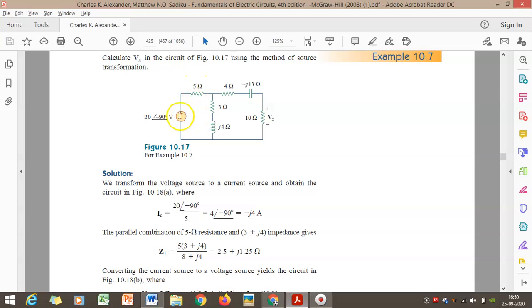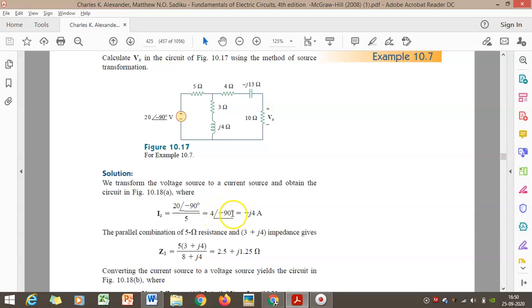Here the series impedance is 5 ohm, so we divide the voltage by it. By Ohm's law, Is is equal to 20 angle minus 90 divided by 4 angle minus 90 degrees.